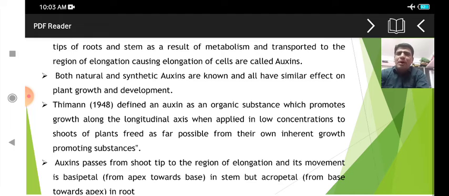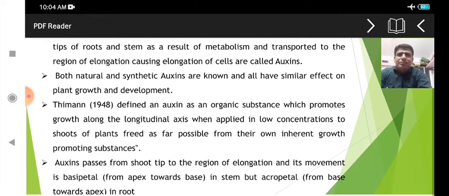From the initiation part, auxin is transported to the region of elongation, in a basipetal movement from apex to base in the stem, and in an acropetal movement from base to apex in the root. In the shoot system, movement from the zone of initiation to the zone of elongation, from apex to base, is called basipetal movement.